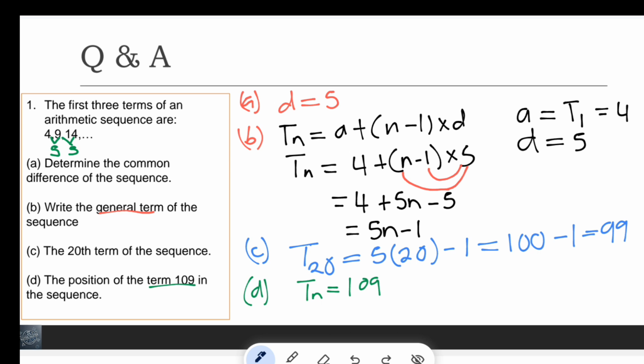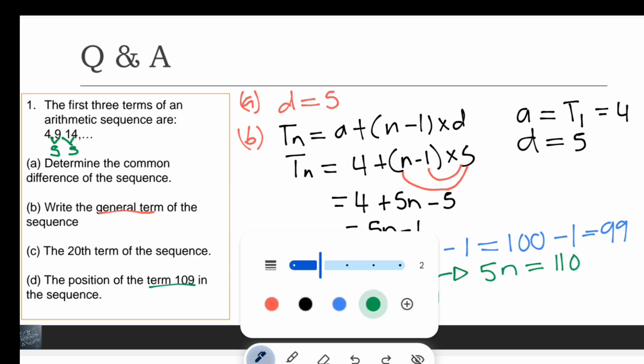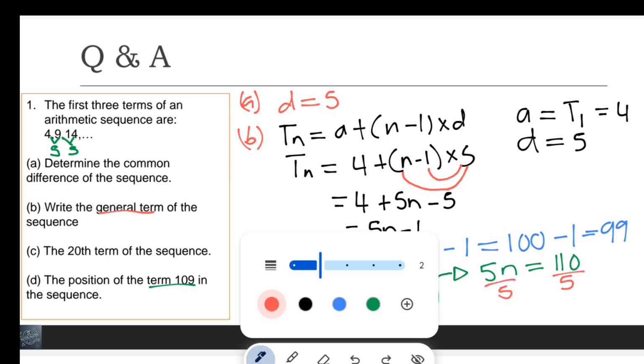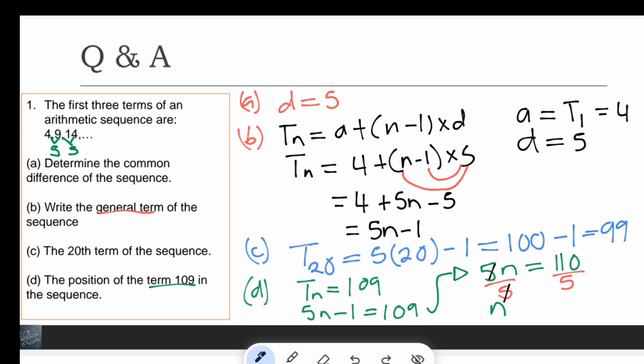Okay, so we have Tn, our Tn is 5n subtract 1, that will be equal to 109, right? Going forward, we're going to take 1 to the other side, and then we'll have 5n equals 109 plus 1, that will be 110, and then you divide both sides by 5, and your n will be equal to 22.